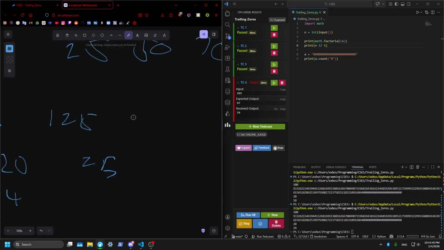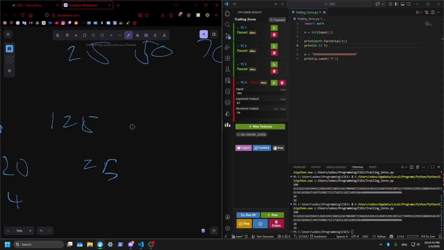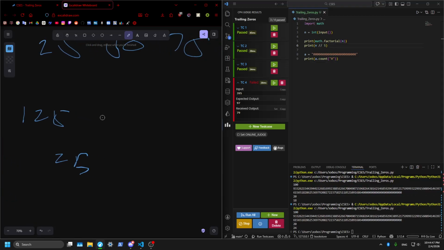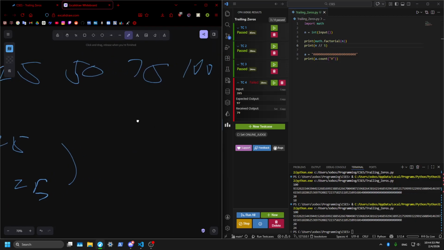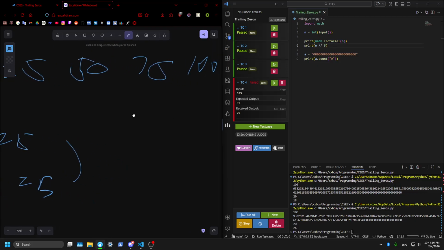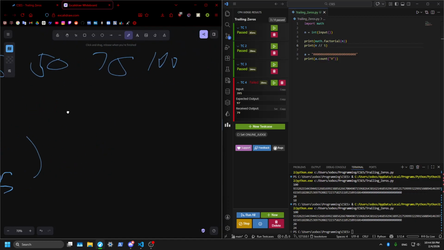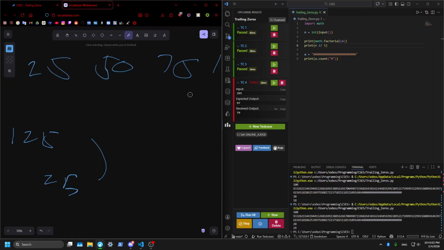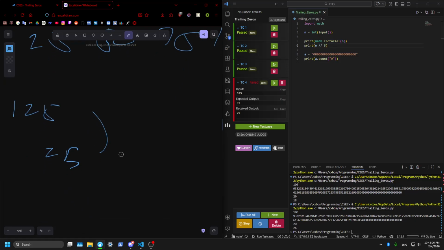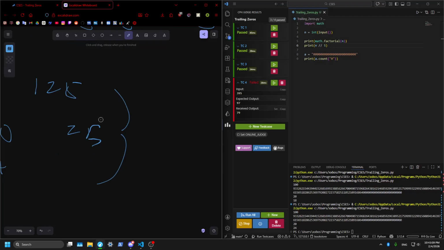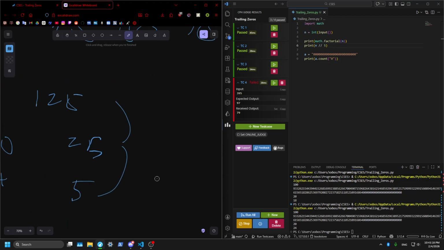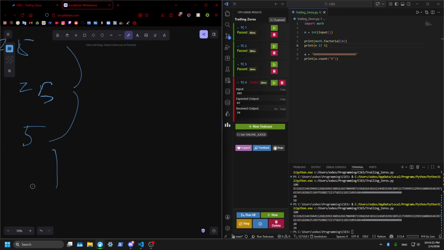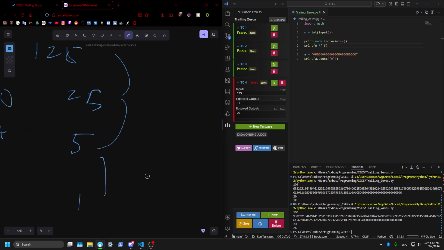So dividing, we counted out the 1 5s. This is how many have at least 1 5. 25. 1, 2, 3, 4, 5 is 5 that have 2 5s and then 1 that has 3 5s.